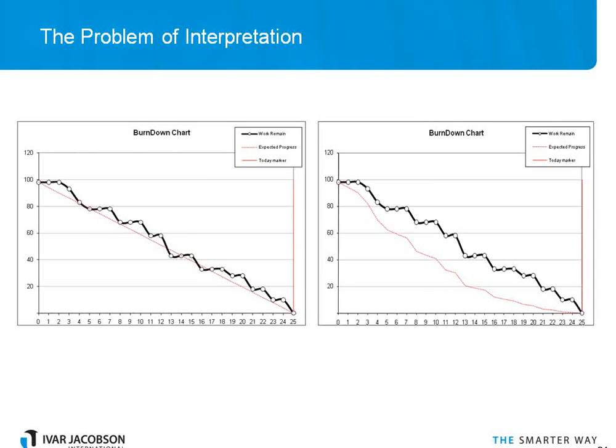But here we have 2 Burndown charts, one on the left, one on the right. Which of those projects, which of those teams is being the most successful? Have a think about that for a few seconds. Because when we burn down, what we're showing is the work that we currently have left to do inside the iteration or inside the sprint. This is why they end at 0.